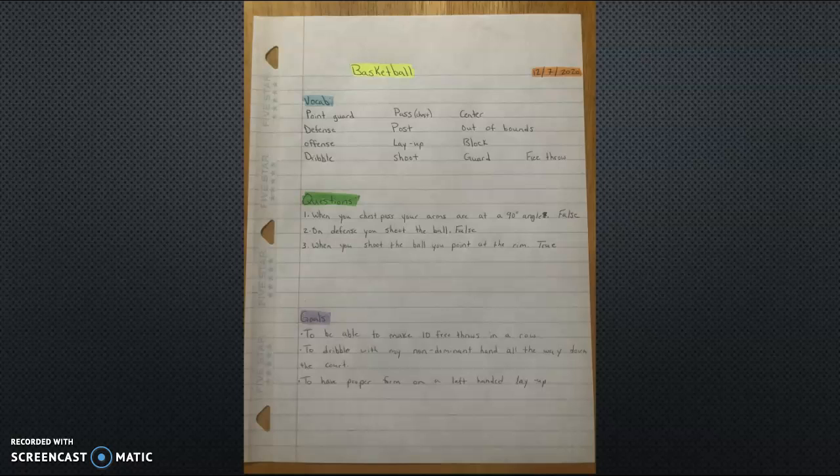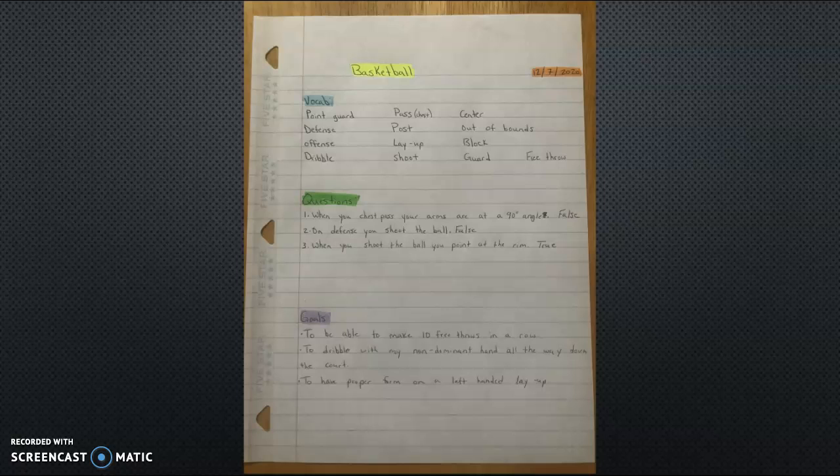And then the next section was about defense, so they would have learned a little bit more about defense and what it means and everything, and then they had the question that they answered. And then the last station that they went to was about shooting. So whenever you shoot the ball, do you point at the rim? And of course that answer is true. And so that station would have been about shooting.